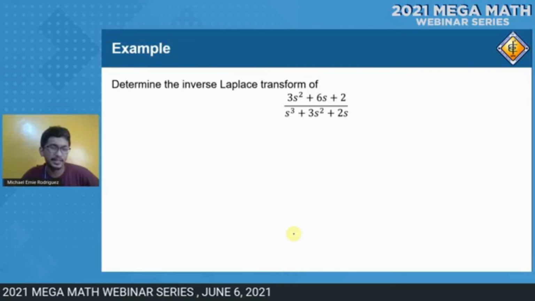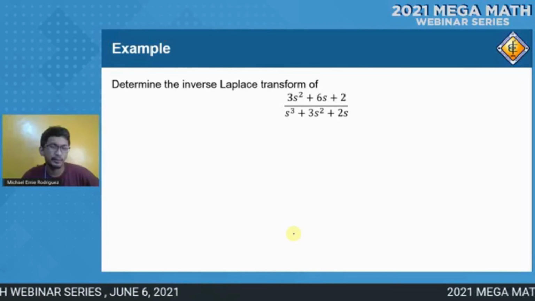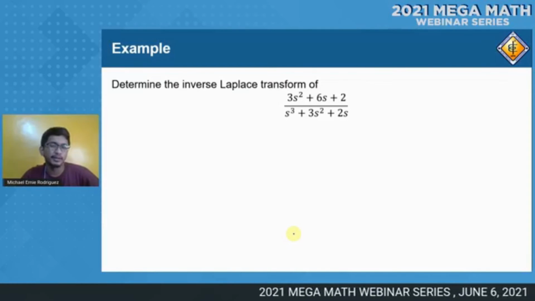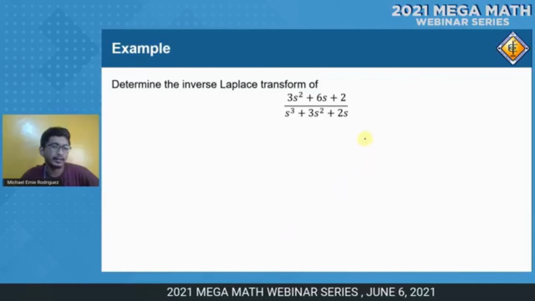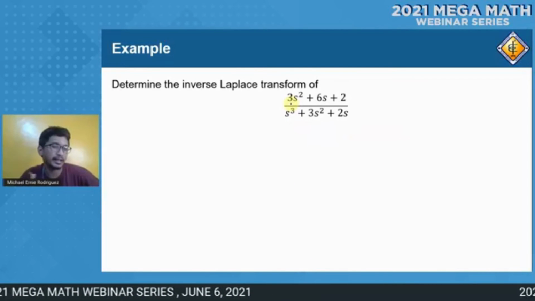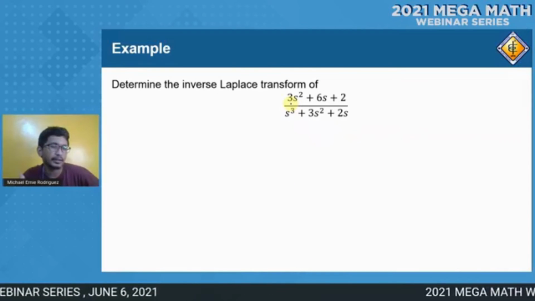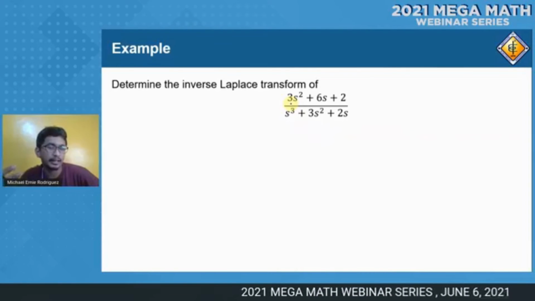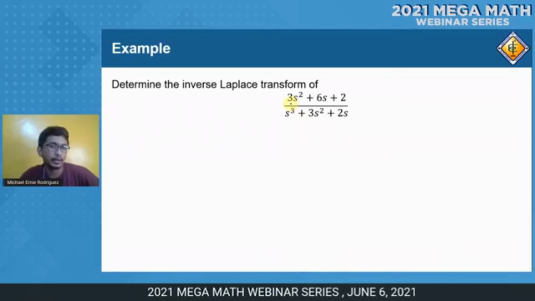3s squared plus 6s plus 2 over s cubed plus 3s squared plus 2s. Okay? So, kailangan nating malaman, okay? Sabi natin pala doon sa kanina, na parang namali yung banggit ko. Parang nabanggit ko kanina, mataas yung value ng degree ng P. Baliktad. Mababa yung value ng P, yung ating numerator.